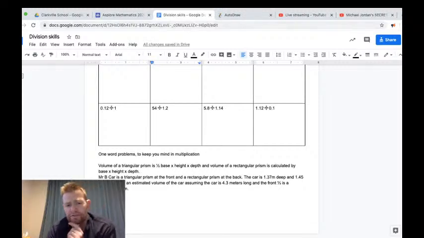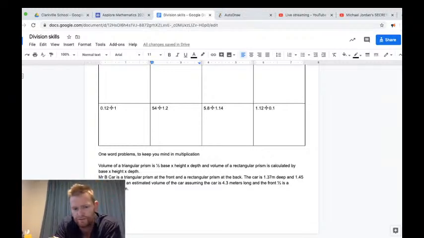I'll read it out to you, and then I'm going to draw a picture of my make-believe car, which is kind of like my real car, so you can get the idea behind it. One word problem to keep your mind in multiplication. So that's what I've titled it. The volume of a triangular prism is half base times height times depth. And the volume of a rectangular prism is calculated by base times height times depth.